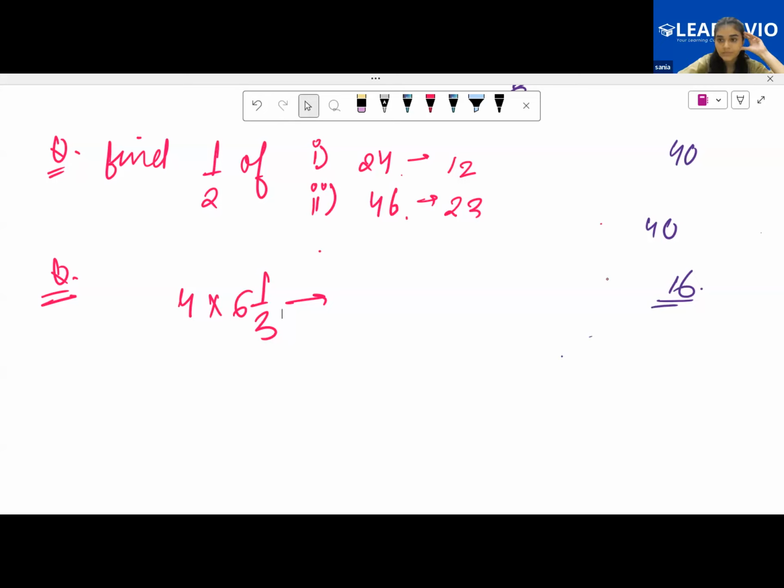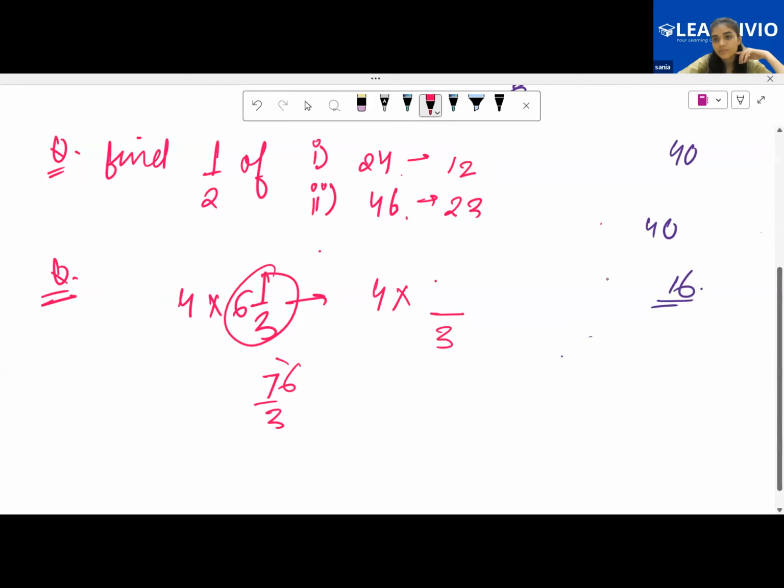For the multiplication part, I got 76 by 3. It's okay, the total answer. Okay, let's check. So 4 multiplied by, when you converted it into improper, what was your answer?